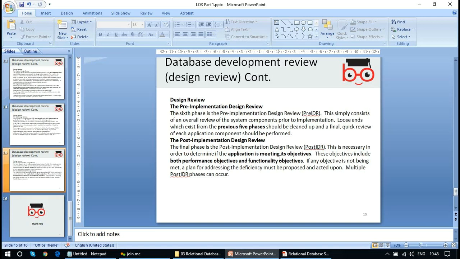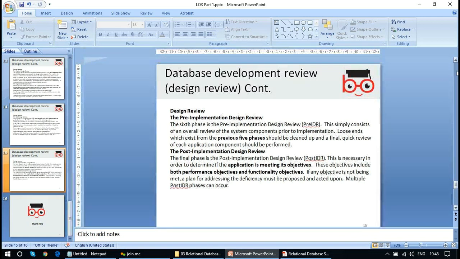So that's basically the performance. The performance is a very important part, isn't it? So that's a post-implementation design review.